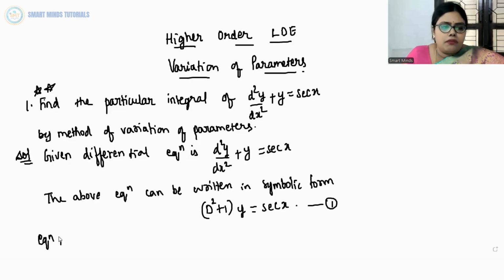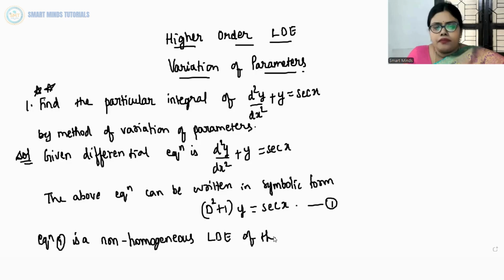Now equation number 1 is a non-homogeneous linear differential equation of the form f(D) y is equal to X. This is equation number 2.